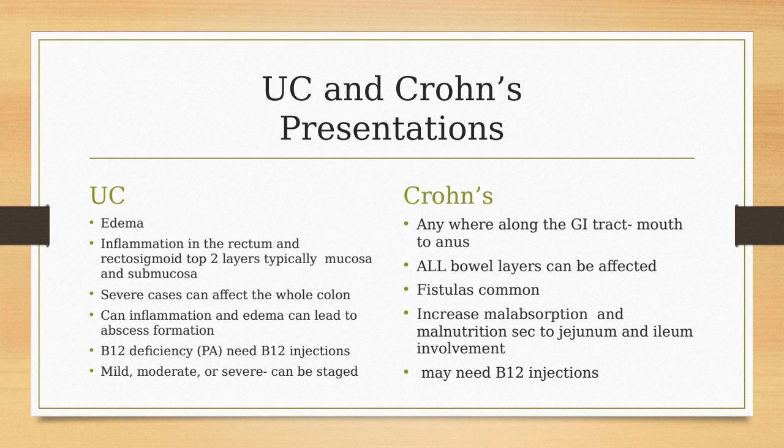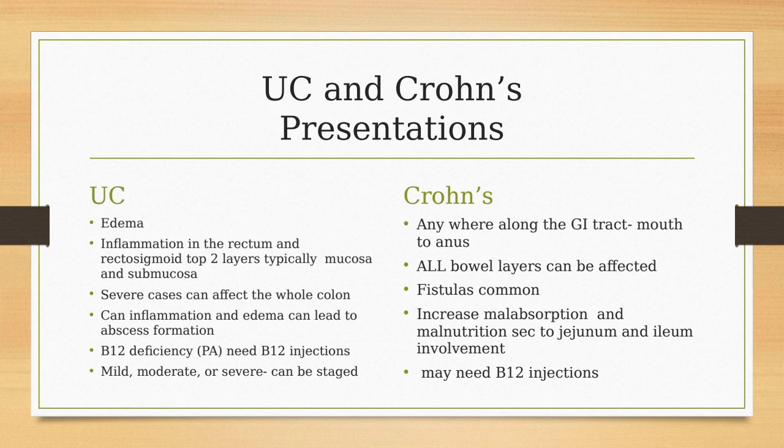I want you to be able to understand the inflammatory process and the location of UC: the rectum and the rectosigmoid. Severe cases can affect the whole colon, and we can have B12 deficiency, called pernicious anemia, where the patient would need B12 injections.